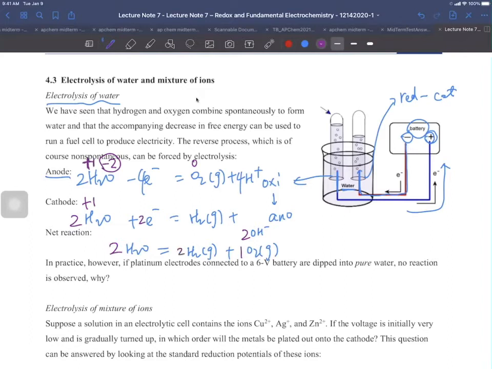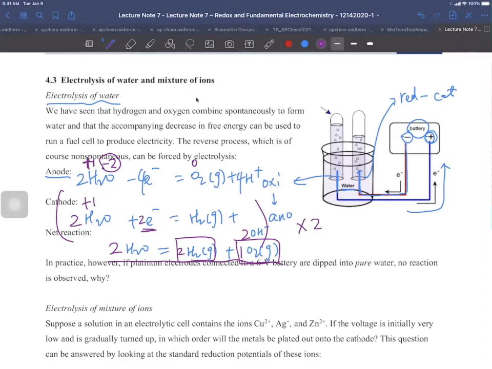By the way, if you add these two reactions together, you may need to multiply the second one by 2 because you want to keep the electron transfer the same, right? The number of electrons lost equals the number of electrons gained. So finally, you got 2 moles or 2 equivalents of hydrogen gas and 1 equivalent of oxygen gas.